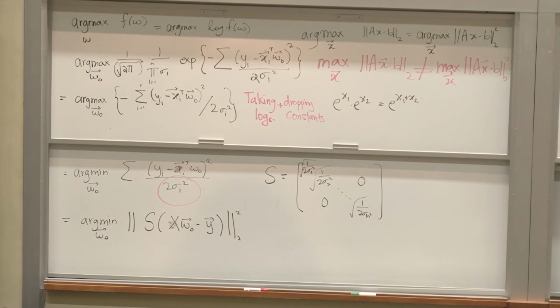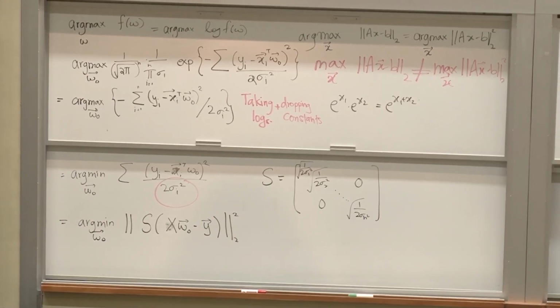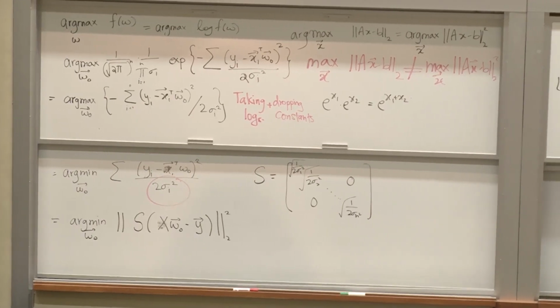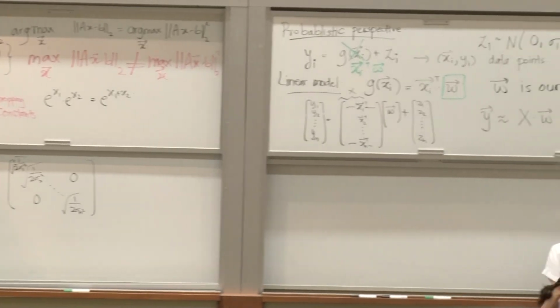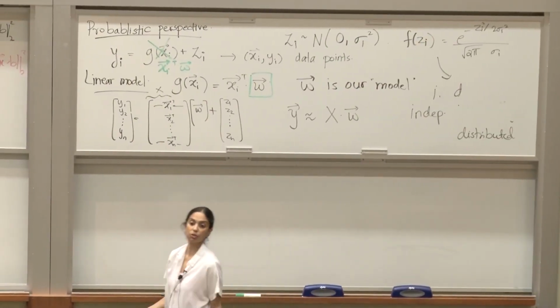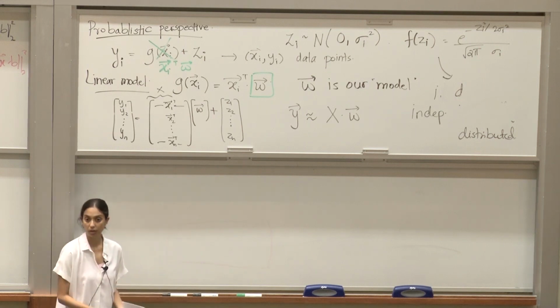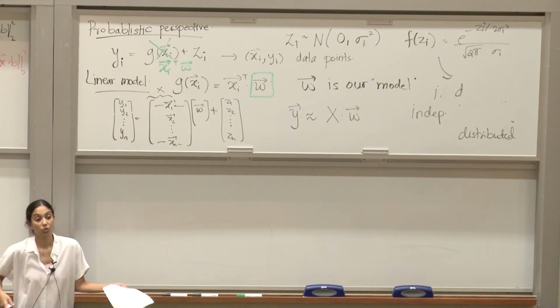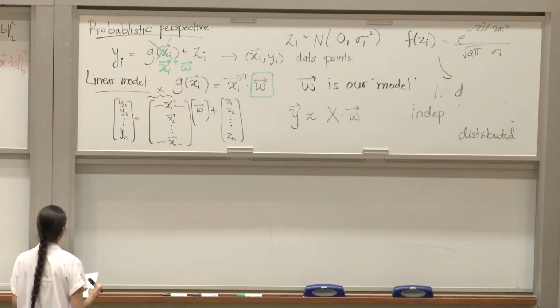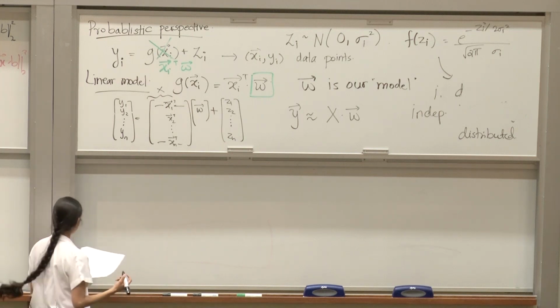What if you knew something about W itself? Like in the case of ridge, we said maybe W, our unknown vector, is close to 0, or close to some other known vector. Well, what if we had some kind of prior of a similar form?